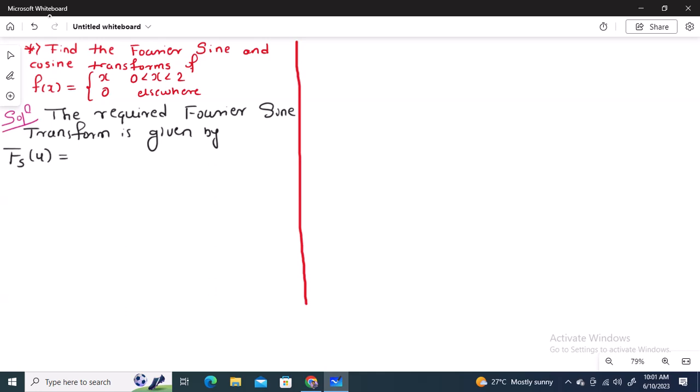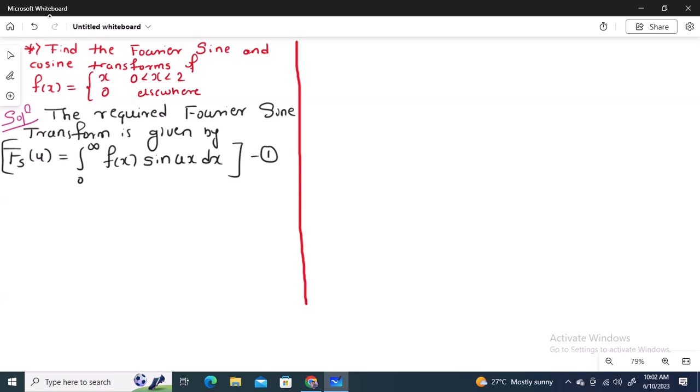Okay, s indicates sine transform. So Fs of u is what? Integral 0 to infinity f of x into sine ux dx. If we write this formula in the examination, when the question is based on Fourier sine transform, you will get 1 mark. So this is the definition of Fourier sine transform.